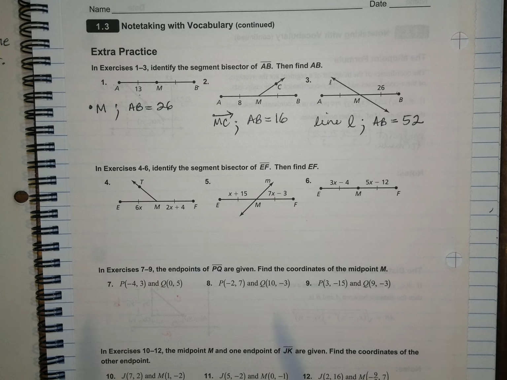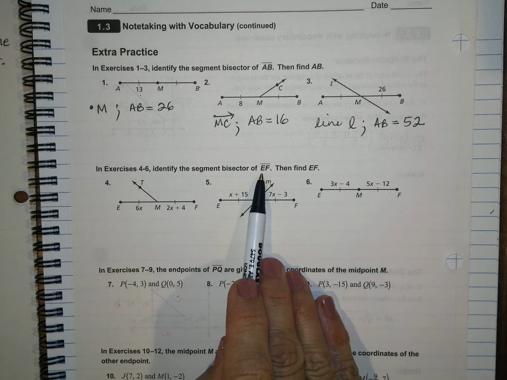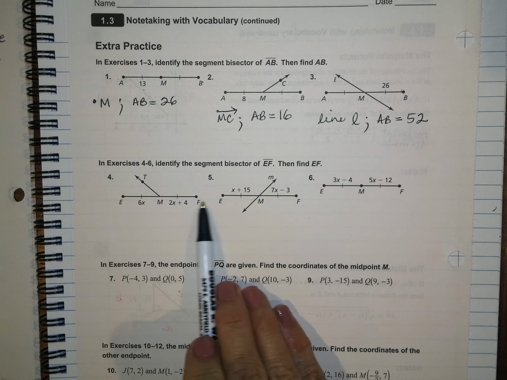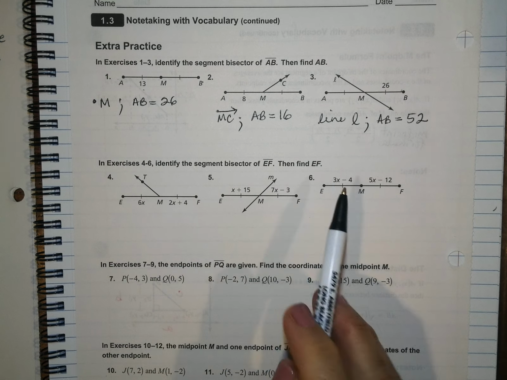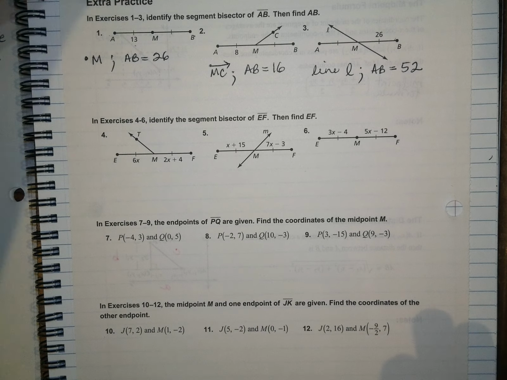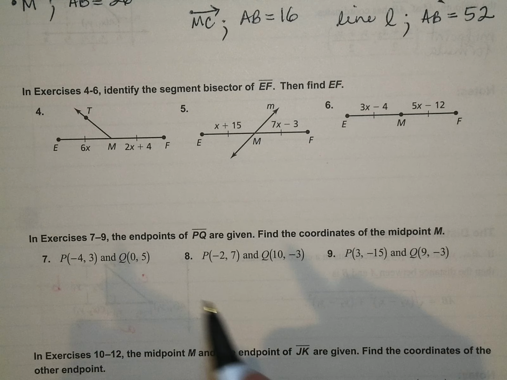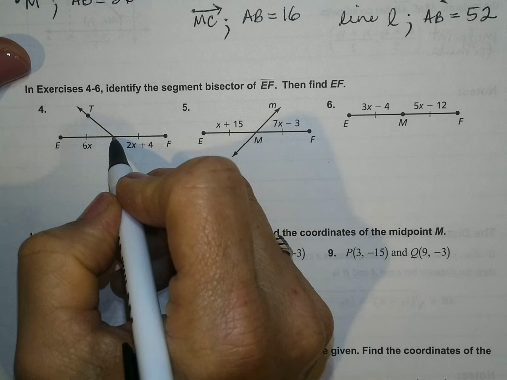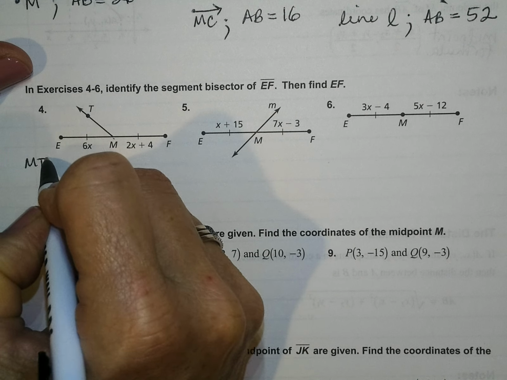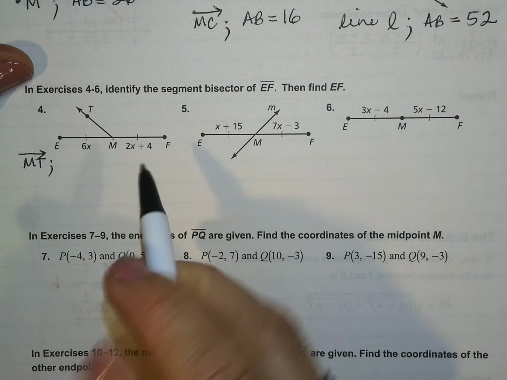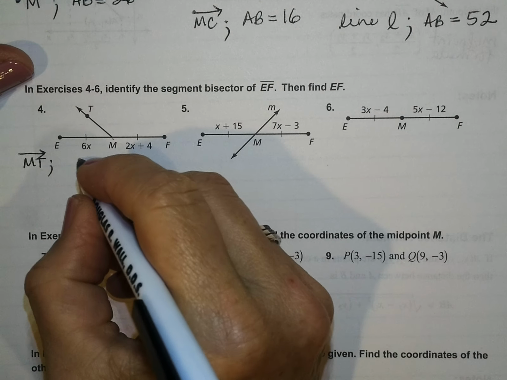Next, if I want to know the segment bisector of EF, same thing, but to find EF, you'll notice we have some equations here. So I'm going to have to write a little bit. I'm going to zoom in. Okay. So the bisector is MT. The arrow goes over the T. Now, if these are equal, then I can write an equation.